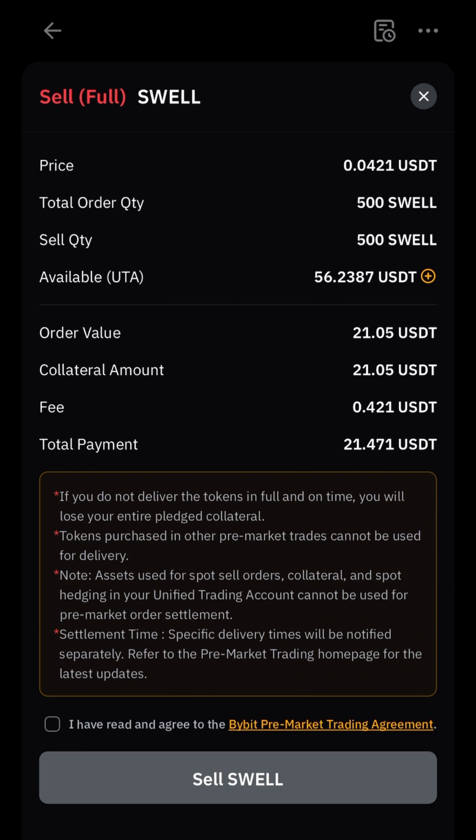There is also information that if you do not deliver the tokens in full and on time, you will lose your entire pledged collateral. It means that we need to keep 500 SWELL on our trading account to complete this order.